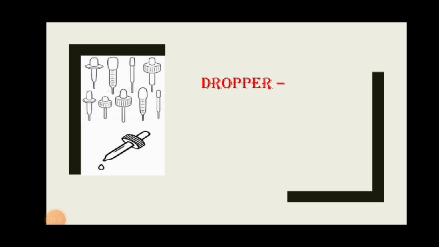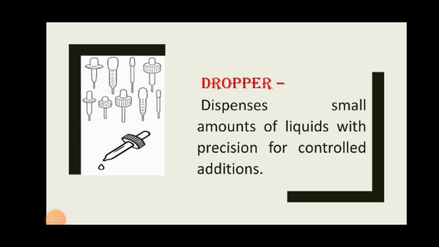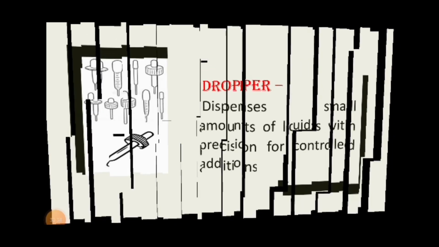Or in the experiment, one drop is equivalent to 0.05 ml. So two drops is 0.1 ml. So that's how you can estimate it. It dispenses a small amount of liquid with precision for controlled additions. Okay? And that's 30 minutes already.